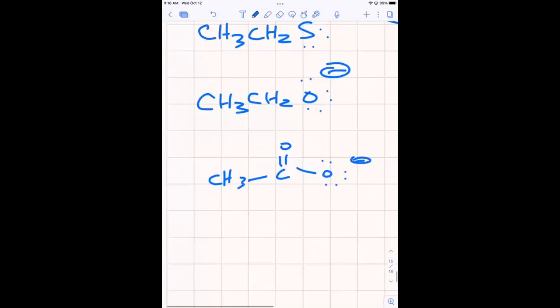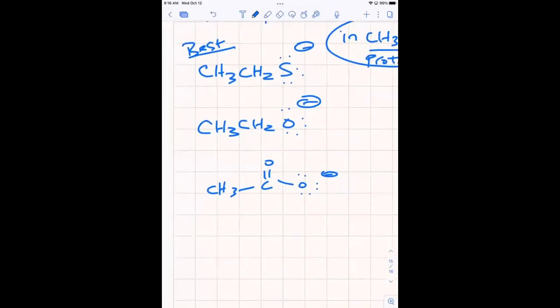Now, if we look at the other two, both of those are oxygen, right? What is it about this nucleophile here that's different from the ethoxide, other than the structure, obviously? If we have a carboxylate type functional group, what can that do?